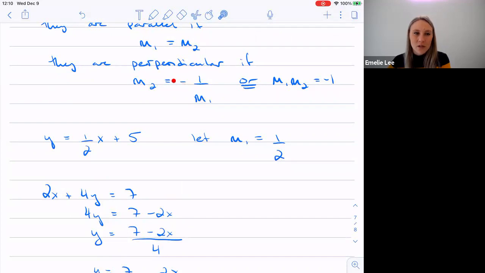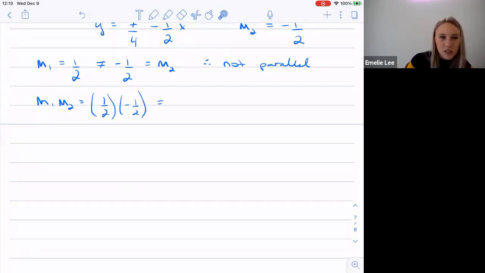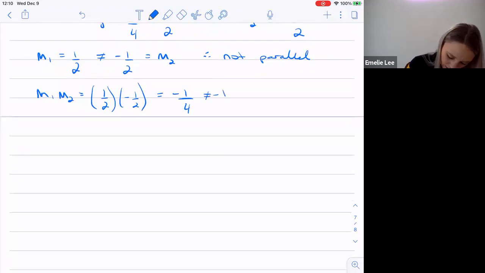Does it equal m2? No, it doesn't. I actually find that this way is easier. Either way, it's fine. m1 times m2 is 1/2 times -1/2, which, multiplying fractions, I get 1 times 1, negative, over 2 times 2, which is -1/4, which is not equal to -1, therefore not perpendicular.